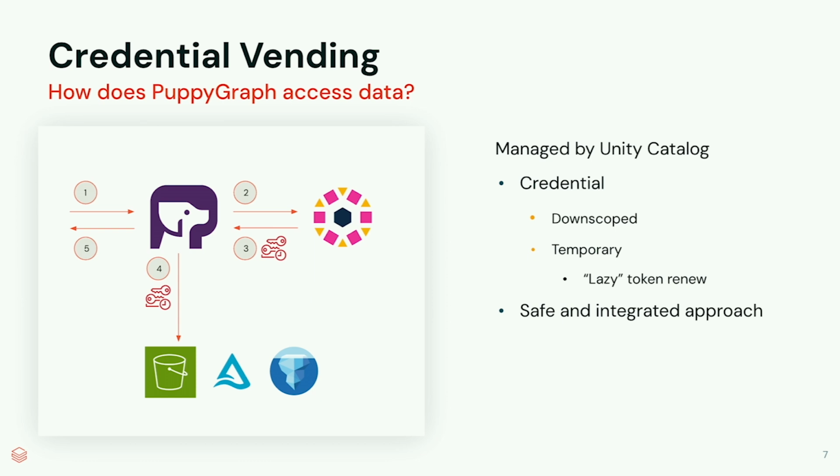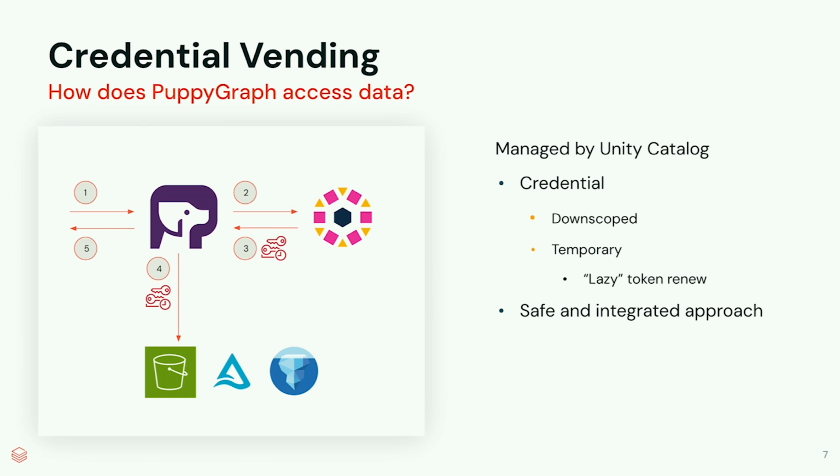It also has a time limit, it's not long term. That reduces the risk if a credential is leaked, and reduces the possibility of the credential being externally retrievable by other tools.